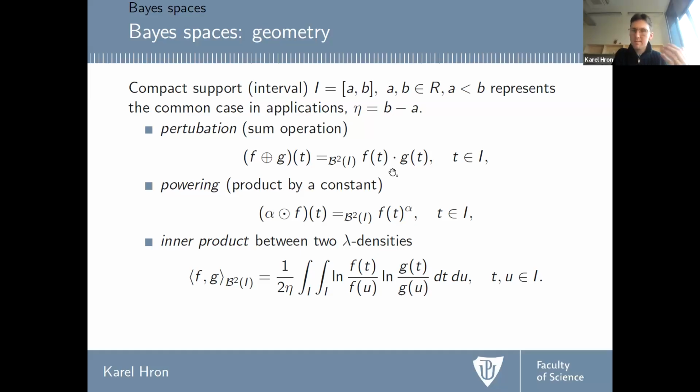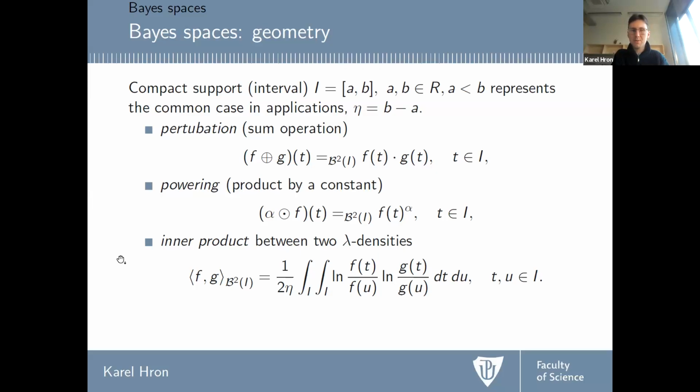So we can rescale it again, for example, to the unit integral constraint, our popular representation of densities, of course without loss of information, because we are in the same equivalence class. Similarly with powering, our multiplication by a scalar, but now we have this power to alpha, where alpha is any real number.